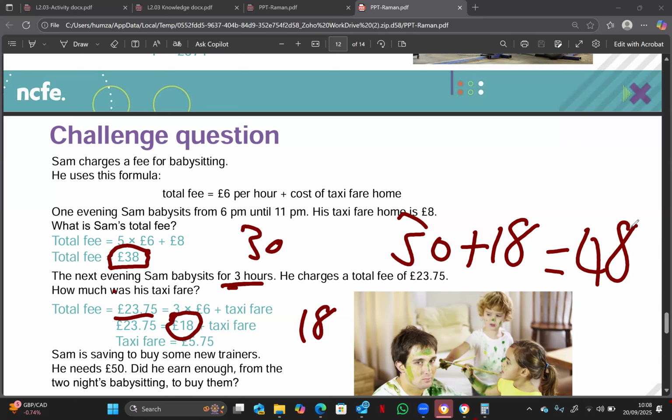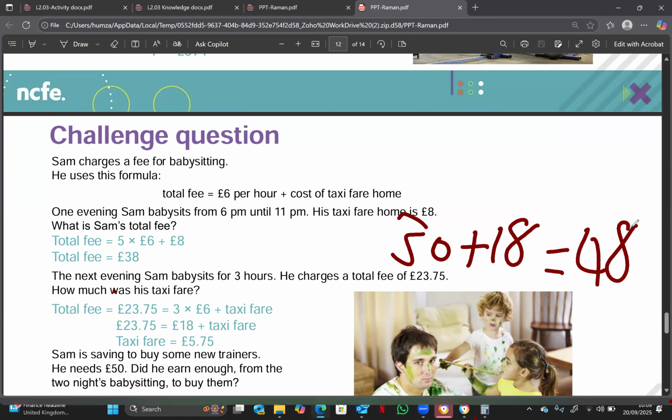The question says, Sam is saving to buy new trainers. He needs £50. So he's £2 short.